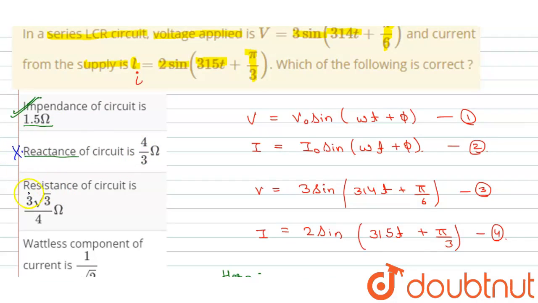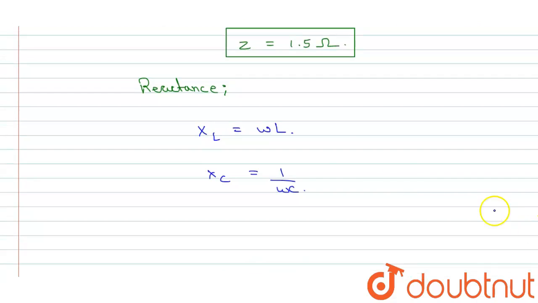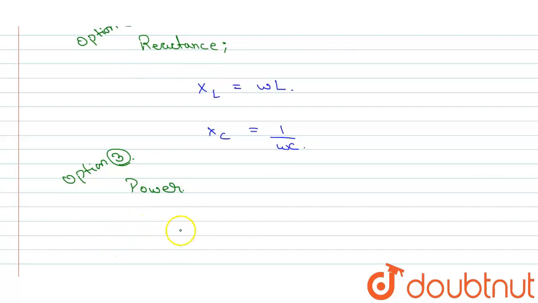Okay, now when we talk about option third: the resistance of the circuit is 3 root 3 by 4 ohm. Before calculating the value of resistance, first we have to calculate the power. Let's suppose the average power in the circuit.